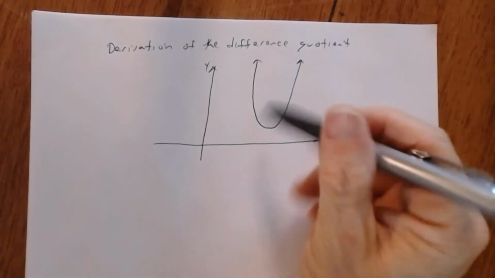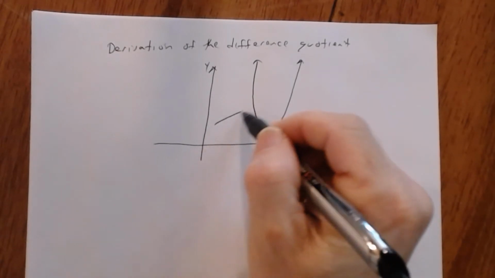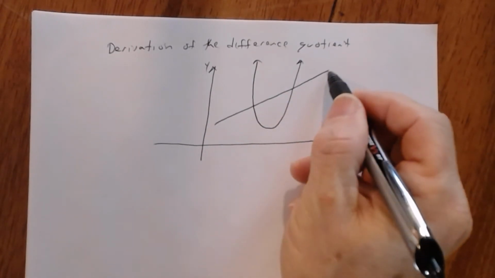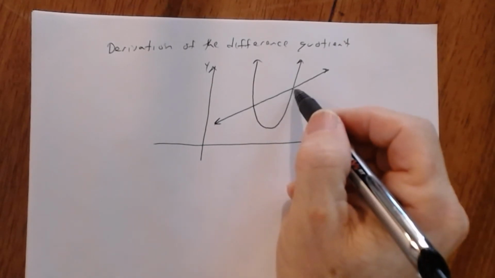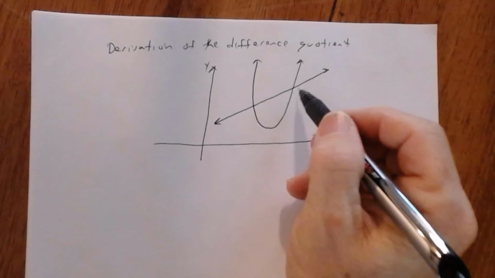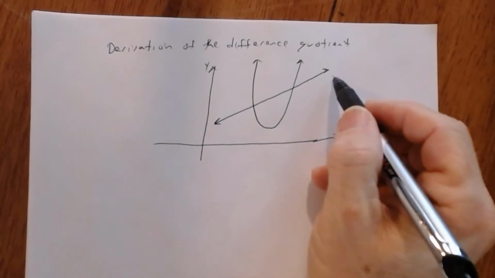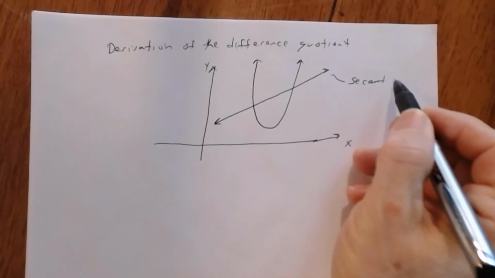Okay, so I'm going to look at a line that goes through the graph and intersects it in more than one place. So you see this line intersects the parabola in two places. So this line is called a secant line. So that's my secant line.